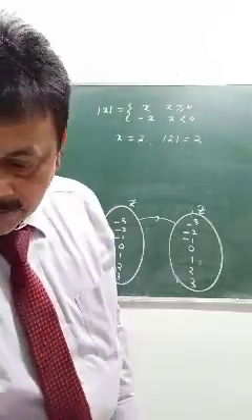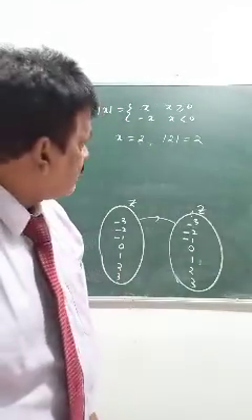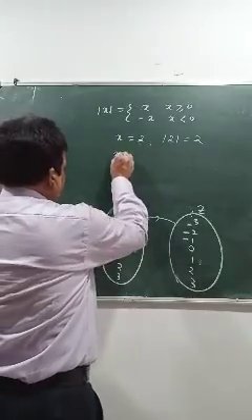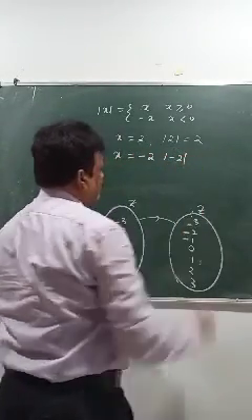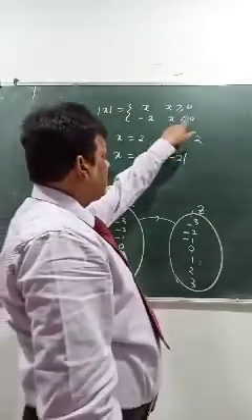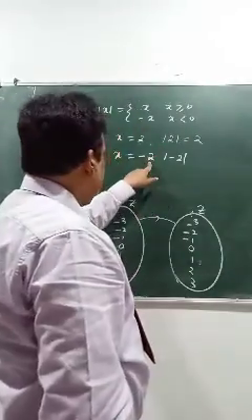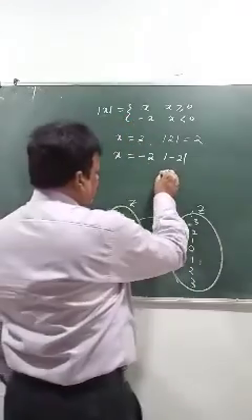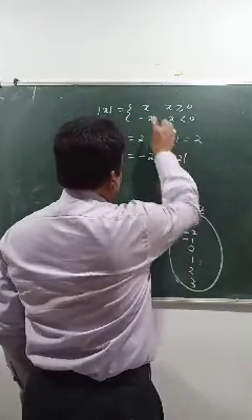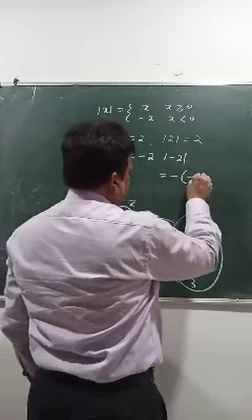Okay, so when x is minus 2, how do you define mod of minus 2? When the element is smaller than 0, meaning negative, you write negative of x. What is x here? Minus 2.